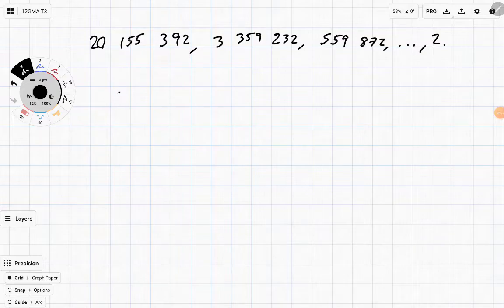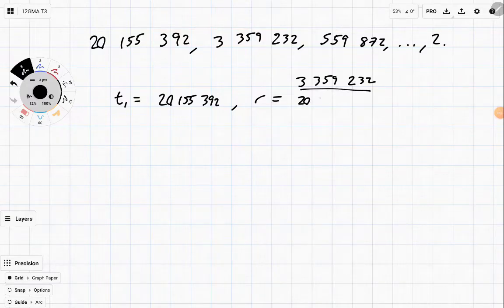Well, we know that T1 is equal to 20,155,392. That's given to us. And the common ratio is going to be the division of each of these terms. So it's 3,359,232 over 20,155,392. And if we pop that in our calculator, we get a sixth.